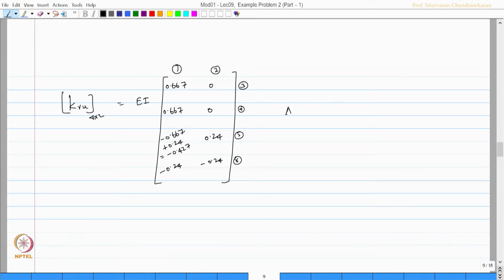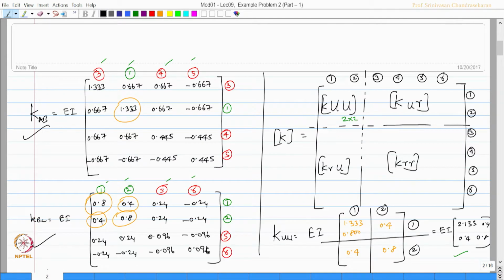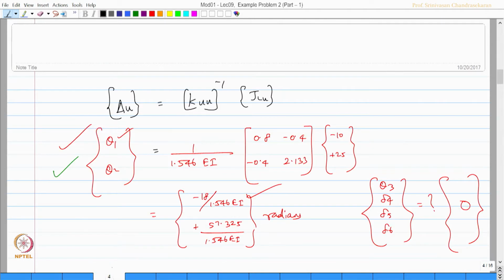Delta U we already have, I am rewriting it again: 1.546 EI. So, we have this value here, delta U, which is 1.546 EI, 0.8 minus 0.4 and so on, and I get delta U as this value.